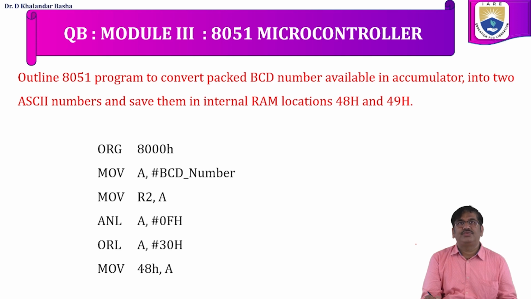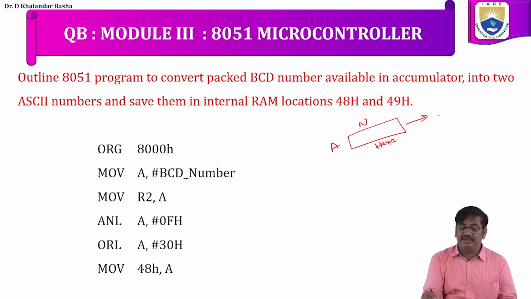Next, outline an 8051 microcontroller program to convert packed BCD number available in accumulator into two ASCII numbers and save them in the internal locations 48H and 49H. So here we are given some number which is present in the accumulator. This number, which is a hexadecimal number, we want to convert into ASCII.